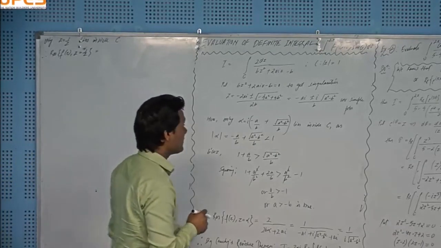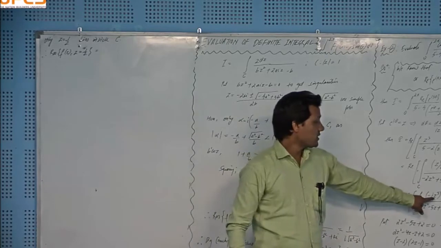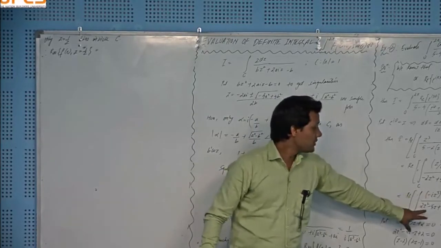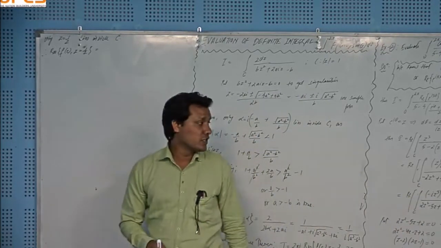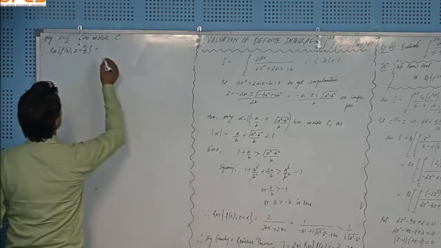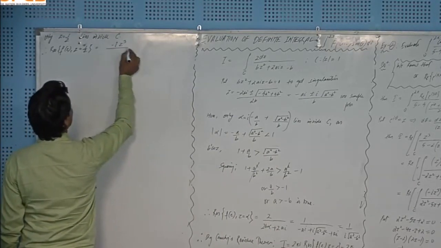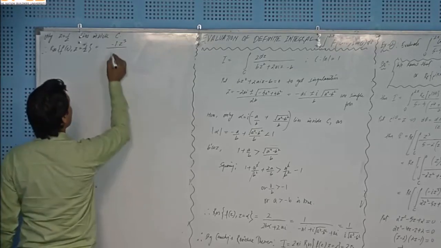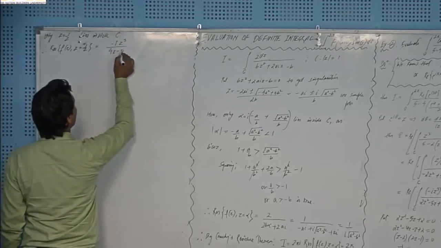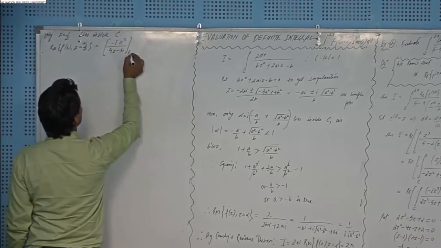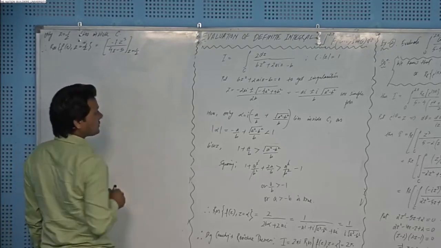Where is my fz? This is my fz, right? So writing the numerator part as it is and differentiating the denominator, and then I will plug z equal to half. So minus eta z cube, this is the numerator part, and differentiation of the denominator, that will give me 4z minus 5, and then I will plug z equal to half here, right?